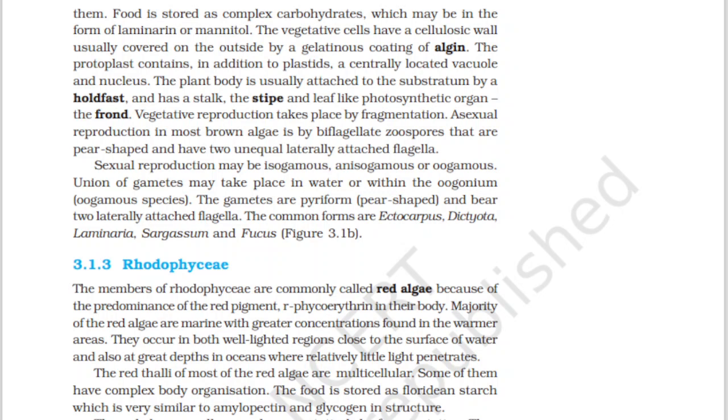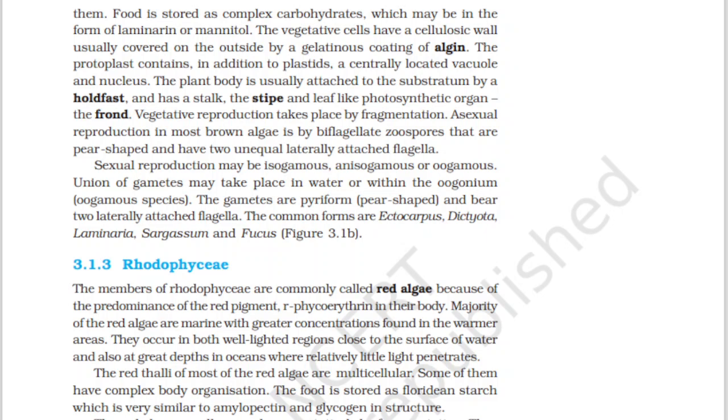So the plant body is usually attached to the substratum by a holdfast and has a stalk, the stipe, and a leaf-like photosynthetic organ, the frond. So this leaf-like structure we call the frond. Vegetative reproduction takes place by fragmentation, where each fragment develops into a full organism.